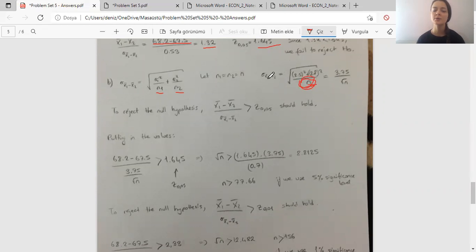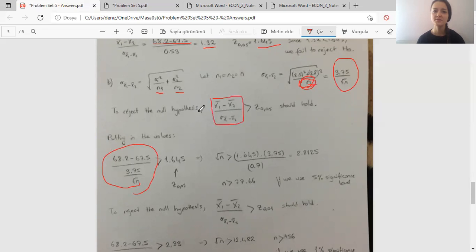So we are calculating the sample means difference's standard deviation as this value. We don't know the N now. And we need to find an N value which gives us a greater value than 1.645 when we put it in the formula. Okay.